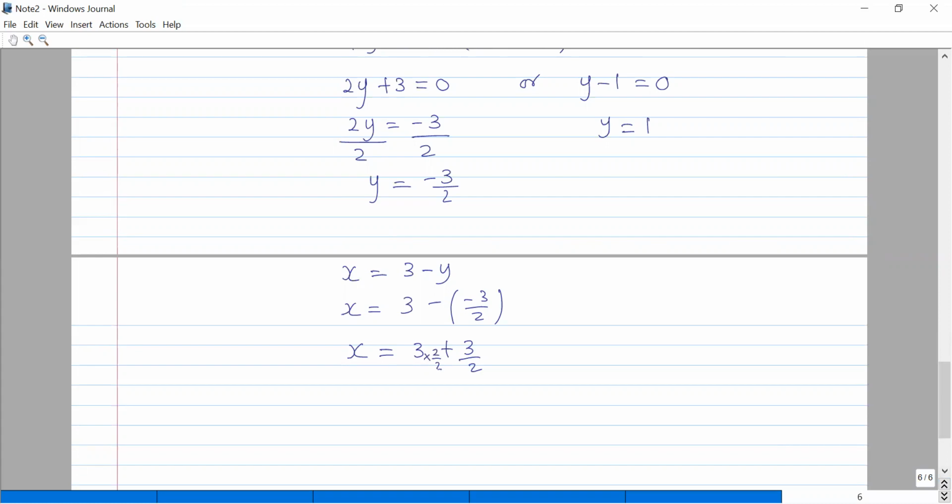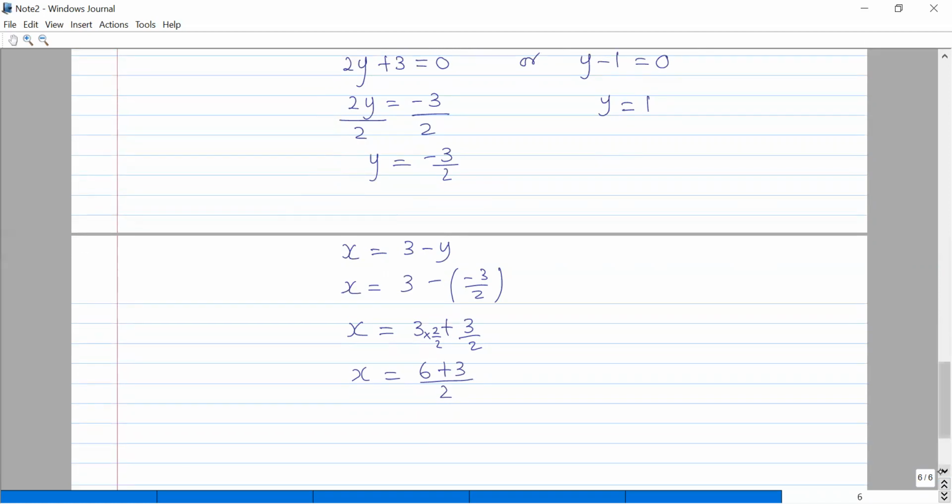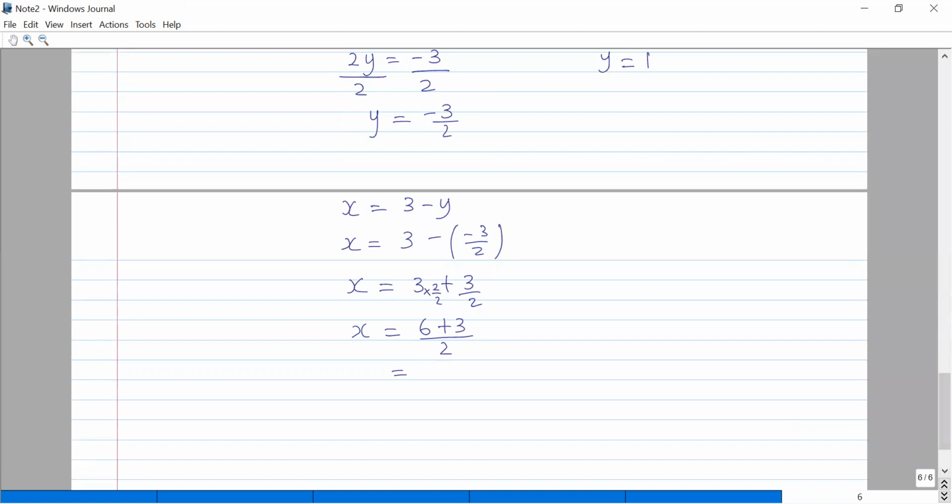We'll multiply by 2 over 2 because the LCD is 2. So we have the same denominator now, which is 2. For this one, it would be 6 plus 3, then we have 9/2. You can leave it like this.